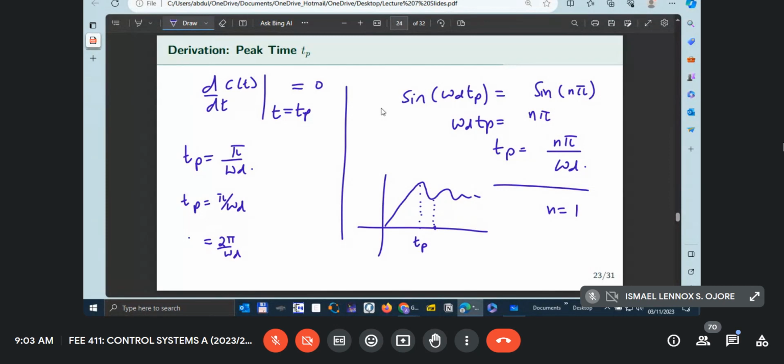And the time at the second overshoot here means you have 3 pi over omega_d as your t here.